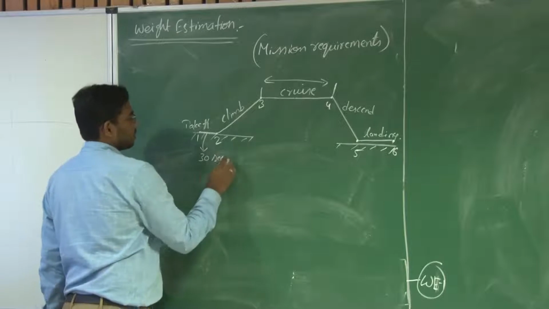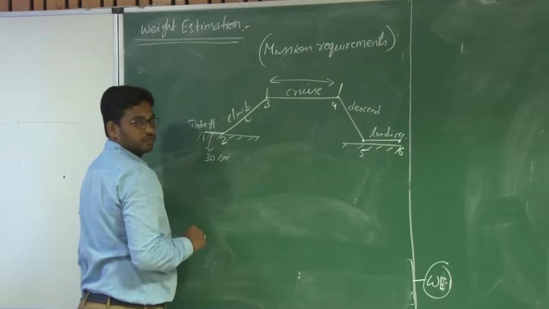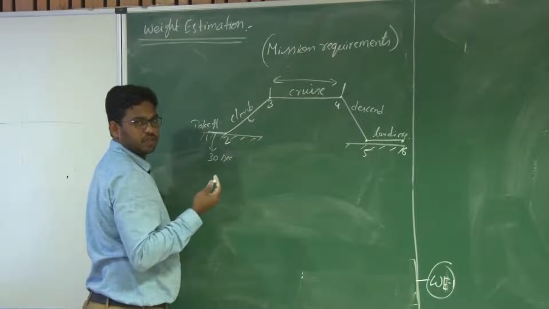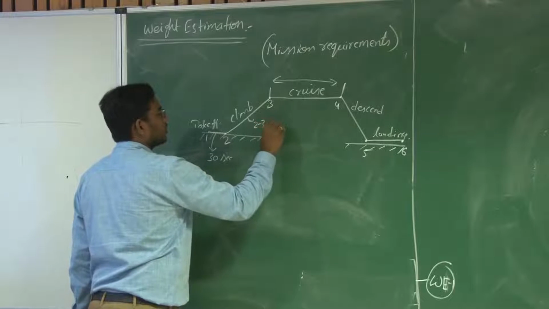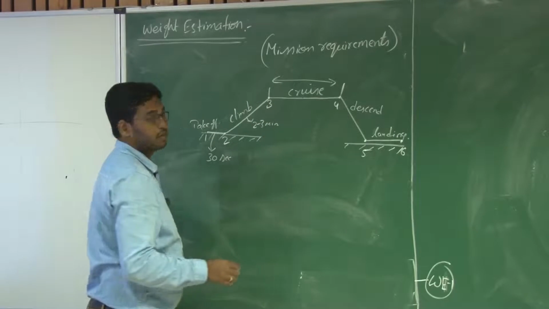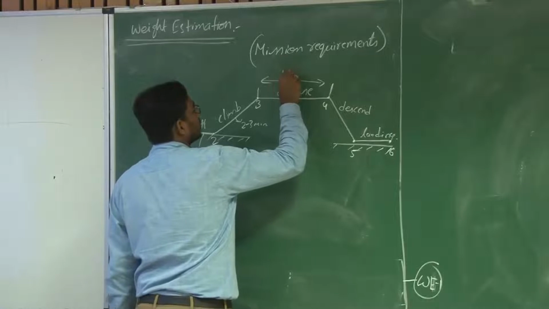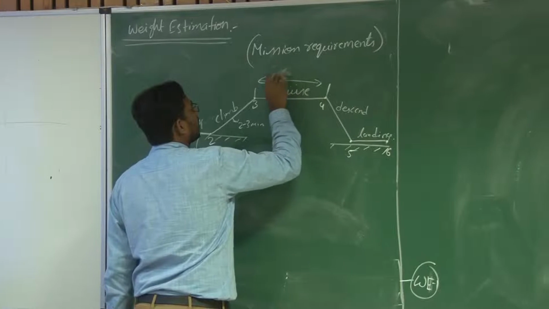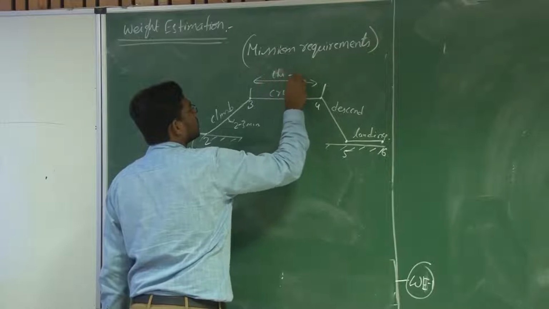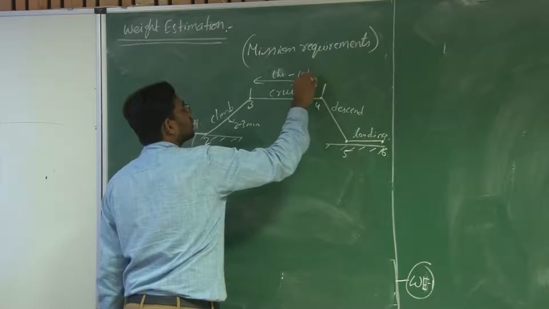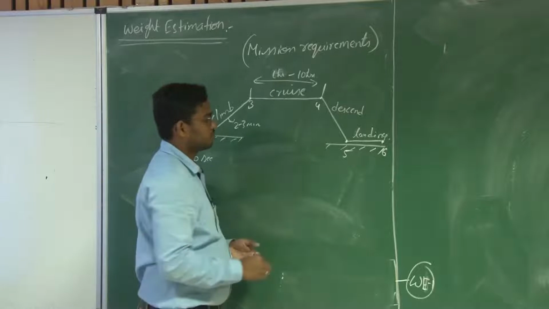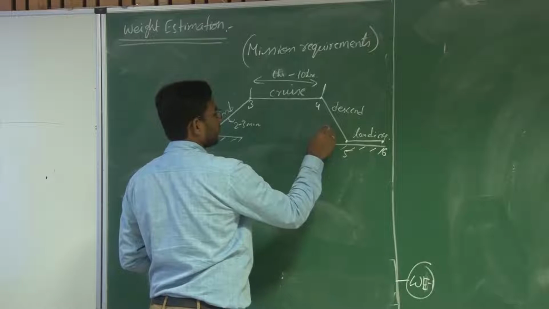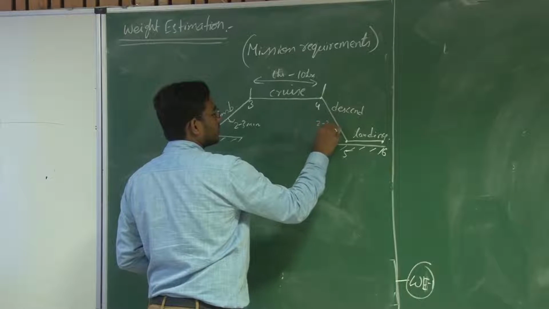Climb may be 2 to 3 minutes, whereas cruise can range from 1 hour to 10 hours or 24 hours, depending on the mission. And descent again may take 2 to 3 minutes.